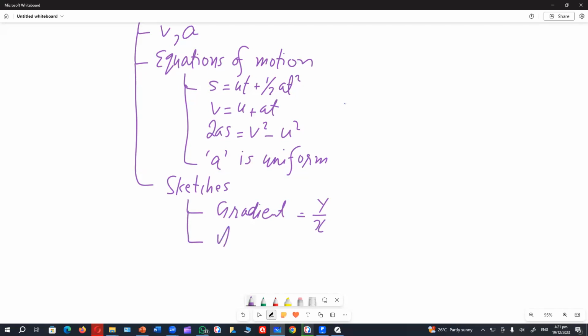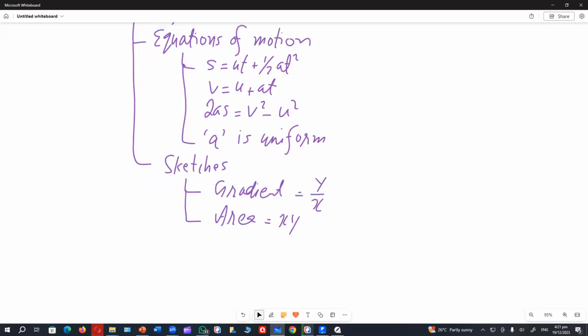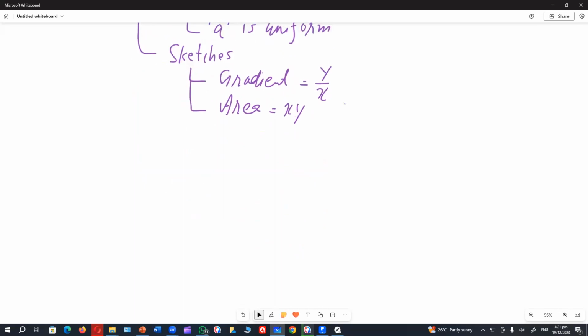The second thing is the area, which is equal to x into y. When you find the gradient, it is the ratio y upon x. And when you find the area, it is always the product of the two axes.